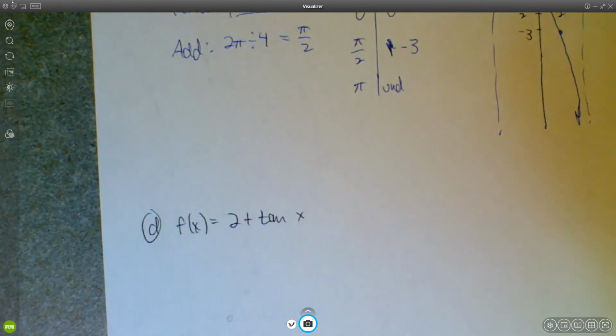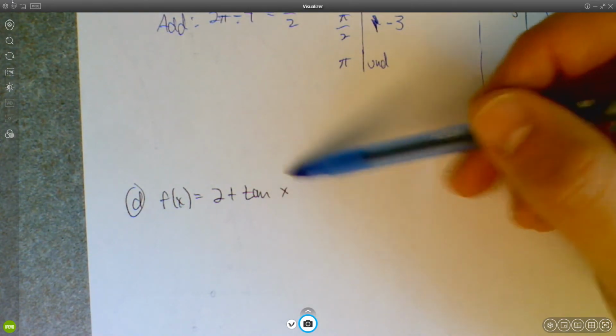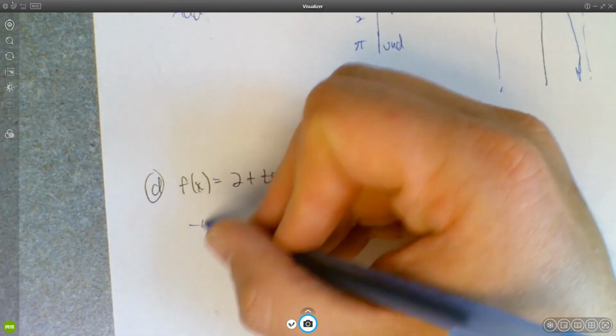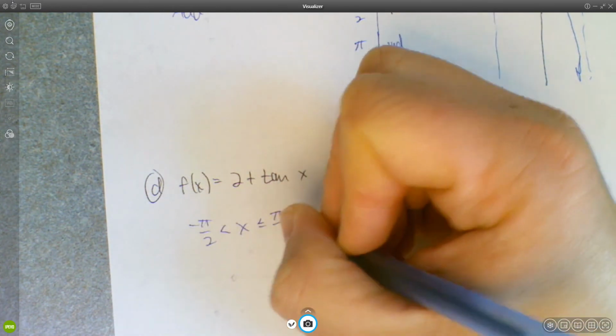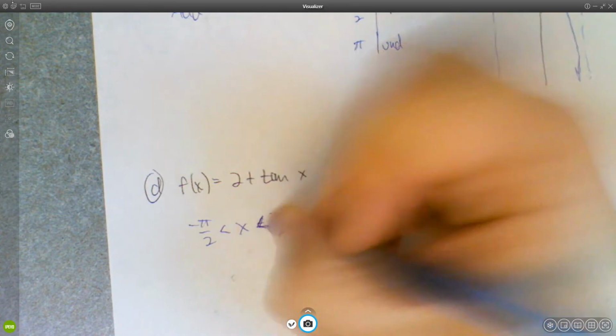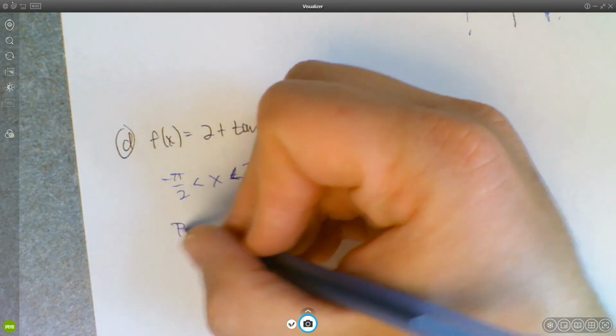Okay, 2 plus tangent x. Well, on this one we're not even multiplying by anything here, right? We know that x is between negative pi over 2 and pi over 2. So the period is pi, right?